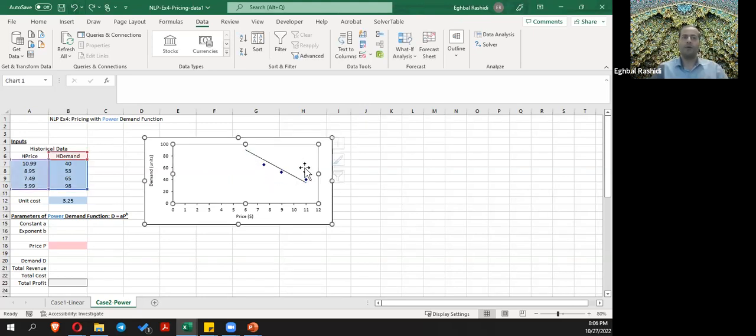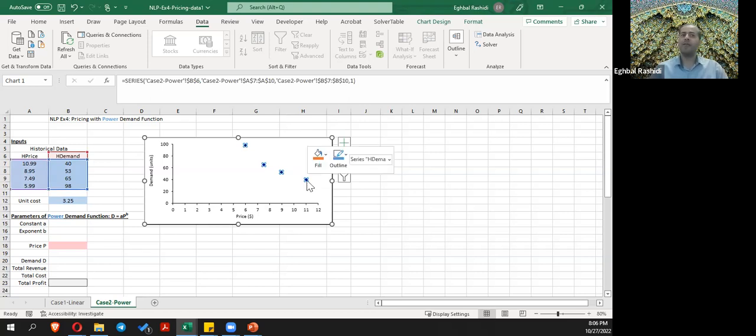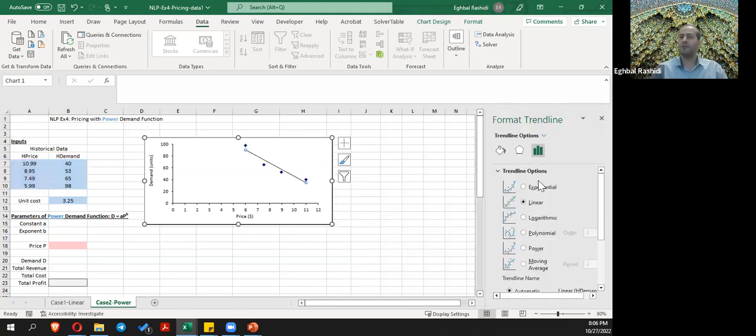Okay. So let me get rid of this line. You click on these points and then right click, and it's going to give you this option of add trendline. If you click on it, you have multiple functions: exponential, linear, which is the default, logarithmic, polynomial, power, and moving average. What we are looking for is P to the power of B, so we have to go with power here.